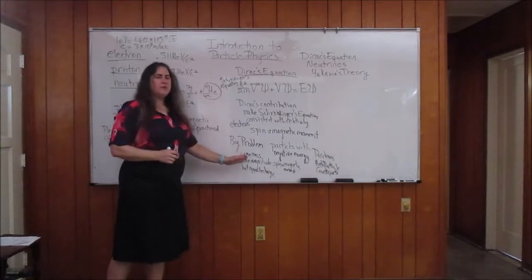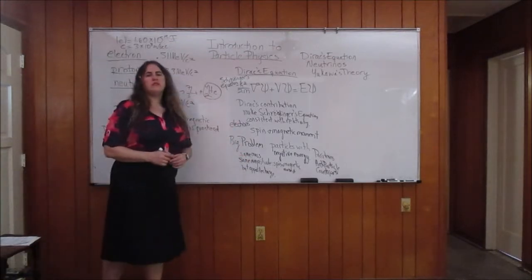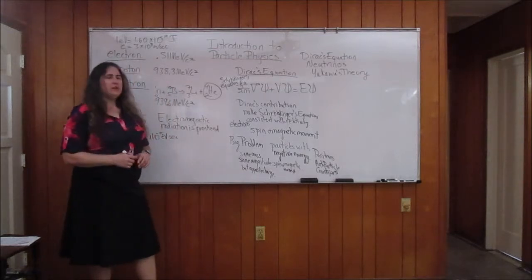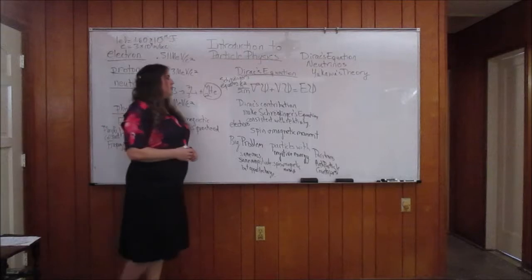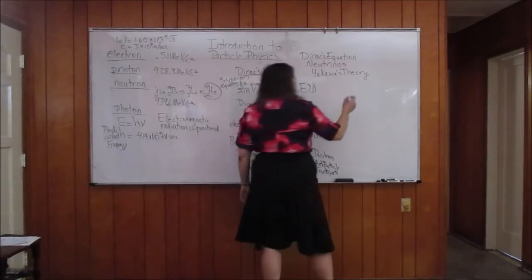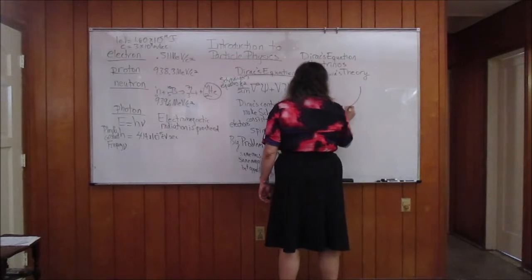So at the stage that he made his prediction, or rather his equation predicted the existence of these positrons, there was as yet no experimental evidence for that. Now, a few years later, the American physicist Carl Anderson was looking at cosmic ray tracks in a cloud chamber.